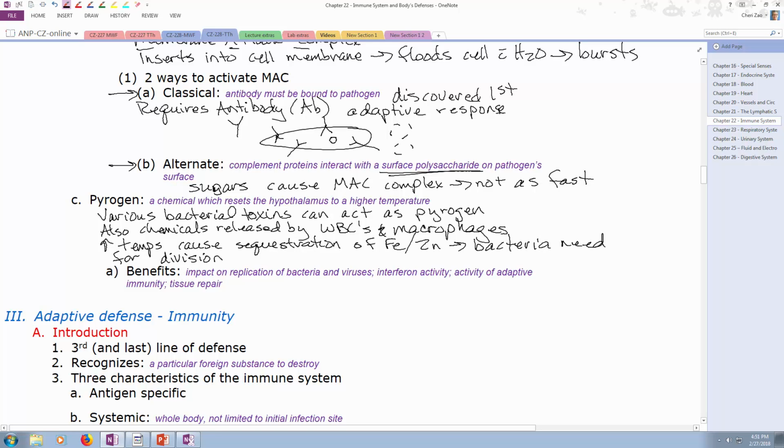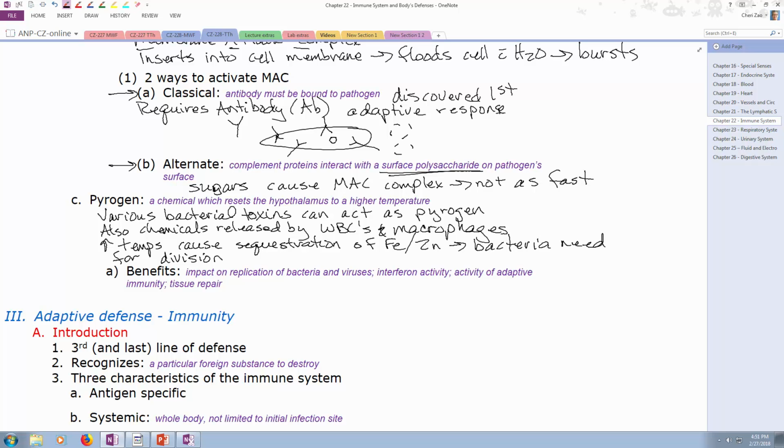So the fever is trying to take these items needed for bacterial replication out of the pool so bacteria are less likely to replicate. That's a very nice component of pyrogens.